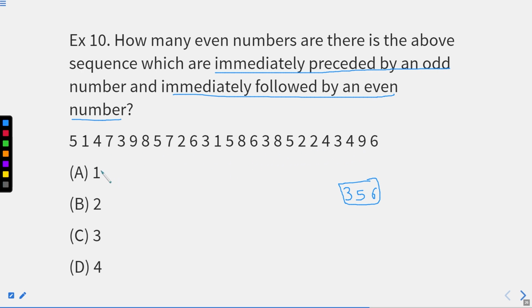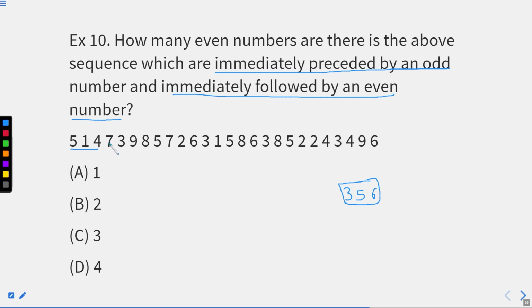So how can you start? You can start directly with the second letter. The number 1 is immediately preceded by an odd number and followed by an even number. Formed a pair. Now if you look at 3, 3 is followed by an odd number and preceded by an odd number.